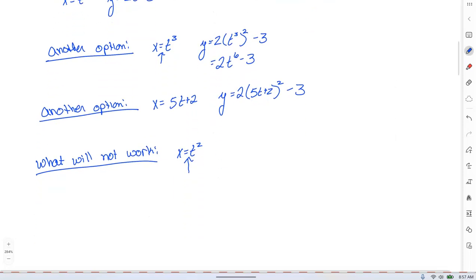If we say x is equal to t squared, we have limited what x can be. In this case, x can never be negative. So that's a huge issue because then we can't get the same graph that we had before.